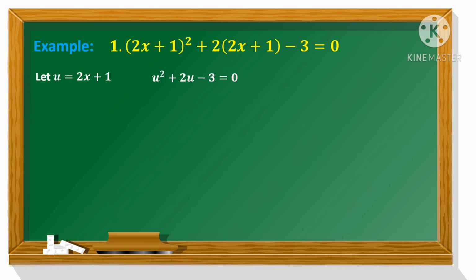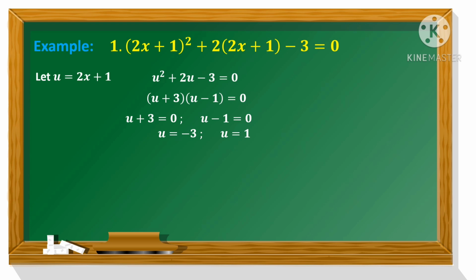We are going to factor u squared plus 2u minus 3, so we have u plus 3 times u minus 1. These are the factors of u squared plus 2u minus 3. Then equate each factor to 0. So you have u plus 3 equals 0 and u minus 1 equals 0. Then we solve for u, and our u is negative 3 and positive 1.